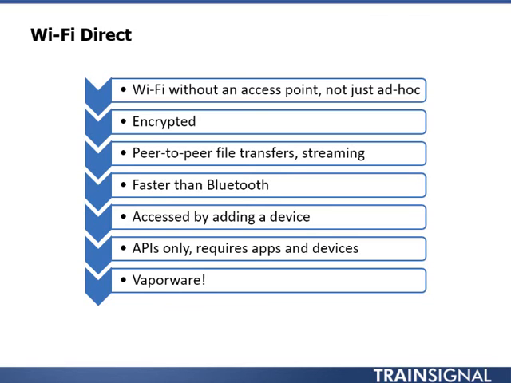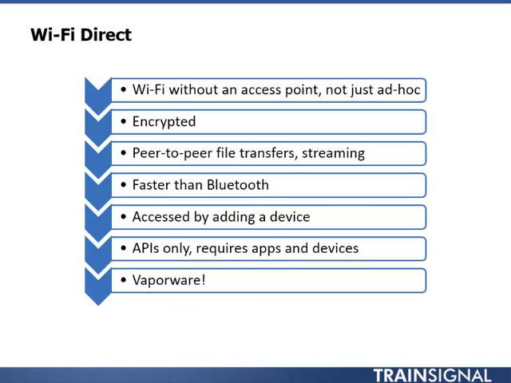Because Wi-Fi Direct transfers files directly between two clients without requiring them to send it to and from a wireless access point, you actually get about twice the bandwidth and twice the throughput. Wi-Fi Direct is always encrypted, so it's always secure and you don't have to worry about people sniffing your traffic. Wi-Fi Direct, as I was saying, is mostly for peer-to-peer file transfers and for streaming. The big advantage of it is, well, it does the same thing as Bluetooth, it's just faster.